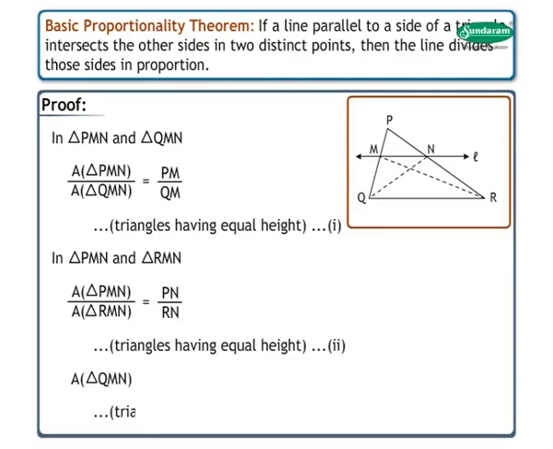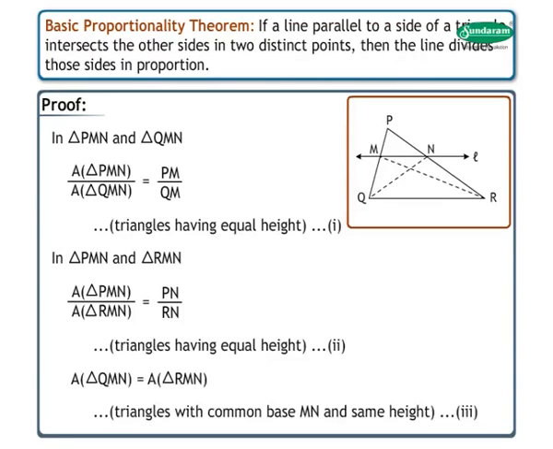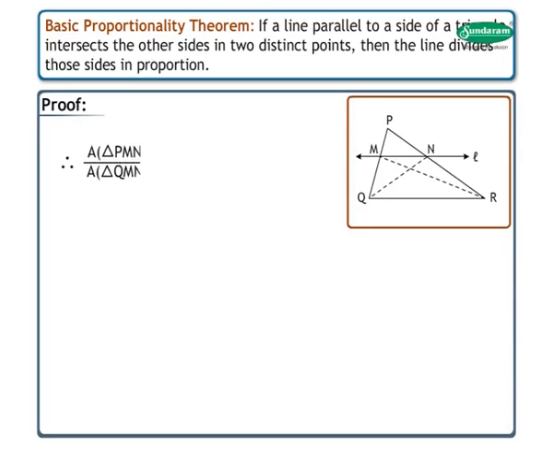Now, area of triangle QMN is equal to area of triangle RMN, as they are the triangles with common base and same height. Let us mark this statement as 3. Therefore, from statements 1, 2 and 3, we get area of triangle PMN upon area of triangle QMN is equal to area of triangle PMN upon area of triangle RMN.